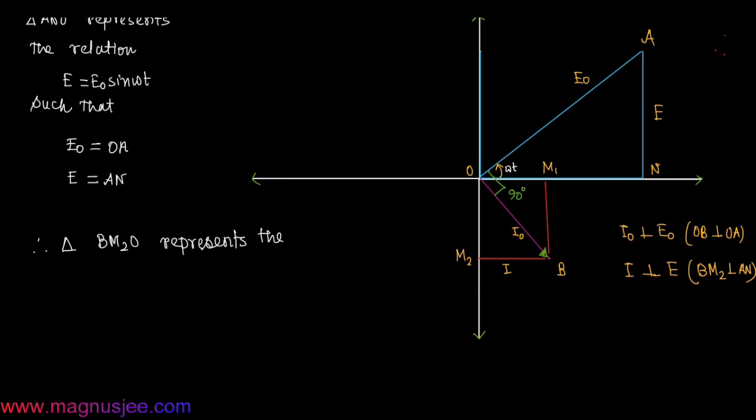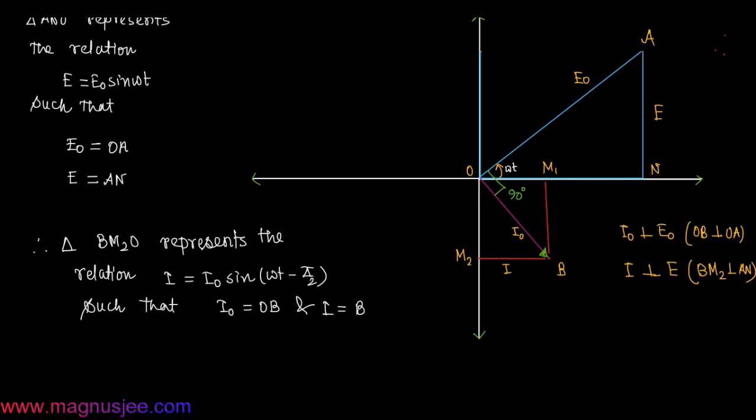Therefore, the triangle BM2O represents the relation I equals I0 sin(omega t minus pi by 2), such that the hypotenuse OB represents the peak value of current I0, and the instantaneous current I is equal to the perpendicular BM2.